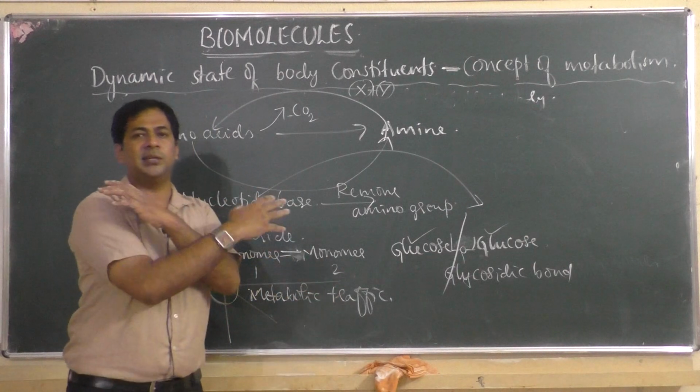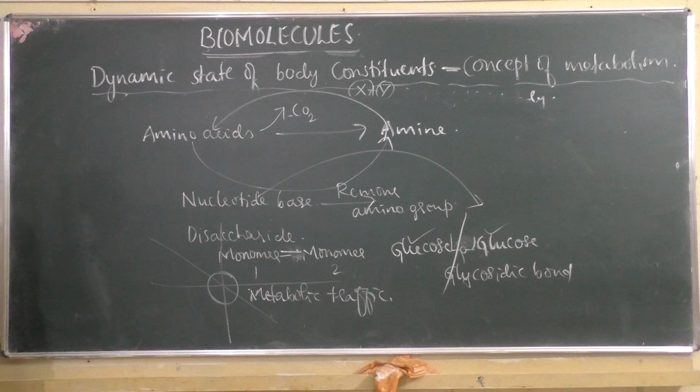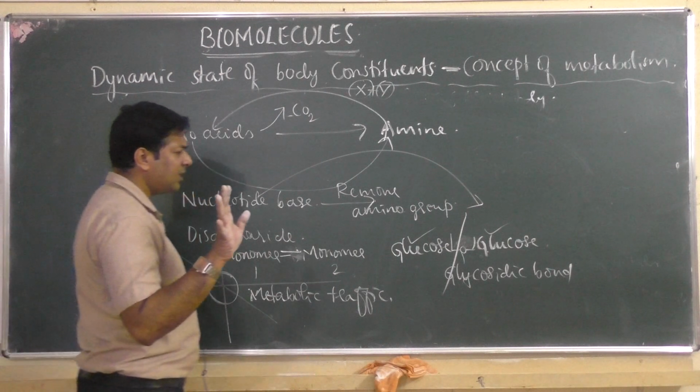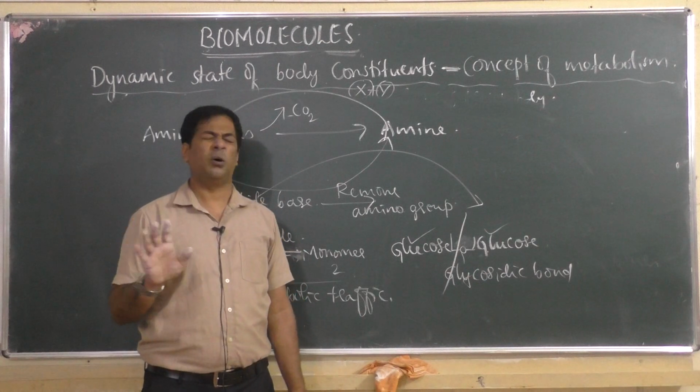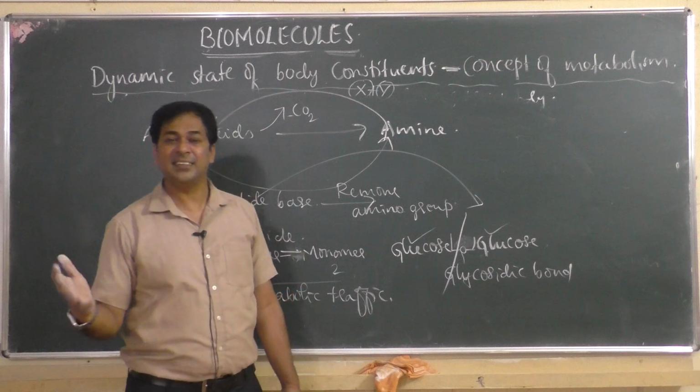So continuously many reactions will be happening where many metabolites or intermediates are produced, and no reaction in the body is direct. All the reactions in living organisms are catalyzed reactions.